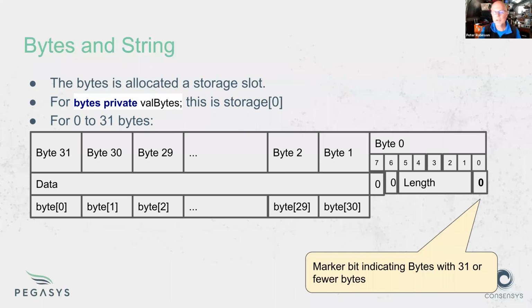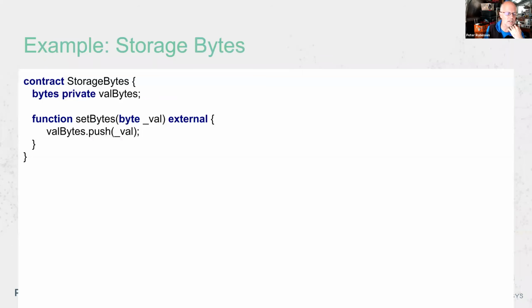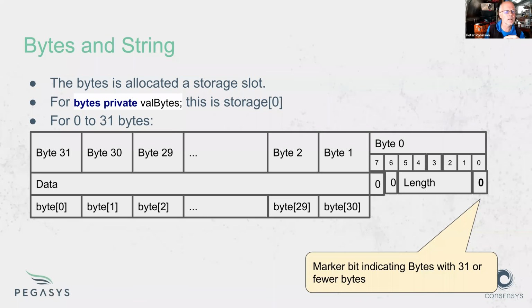The byte is allocated a storage slot. Given the code, here we've only got one value that we're having in storage, it'll be stored in storage slot 0.